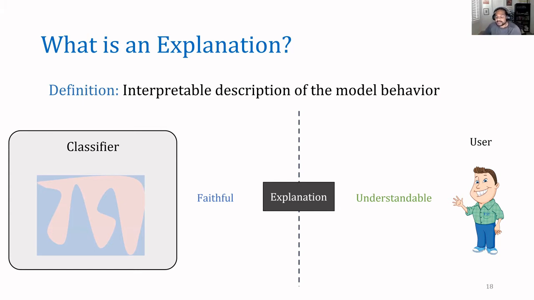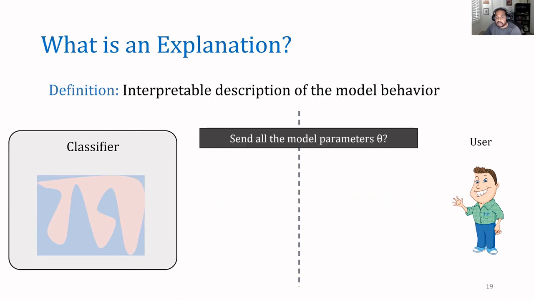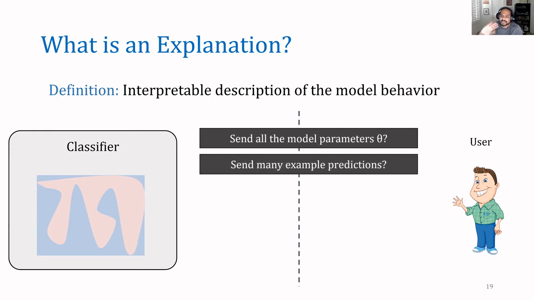So what could these explanations look like? It could be anything that fits this description. So maybe we can send all the model parameters theta to the user. Sometimes that might be interpretable, and if so, then that's an explanation. Maybe the parameters are not understandable. Maybe we can just send many example predictions. As long as users can understand them and make sense of what's going on, that could be a valid explanation as well. But instead of these simplistic explanations, in this talk we're going to be looking at a lot of other structures, other visual or abstract structures that summarize what the behavior would be.